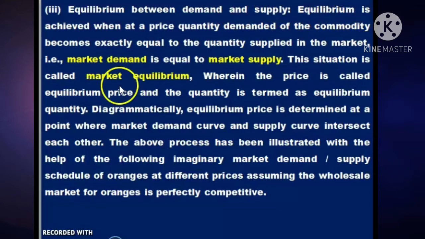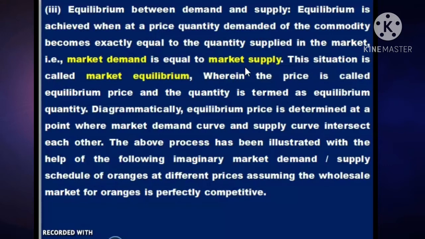Equilibrium is achieved when, at a price, the quantity demanded of the commodity becomes exactly equal to the quantity supplied in the market. When a particular price is determined at which the producer as well as the consumer gets satisfaction, that is known as the equilibrium level of price.